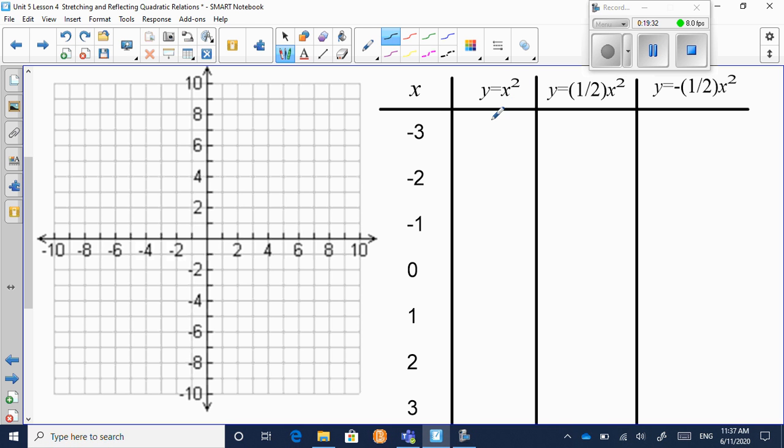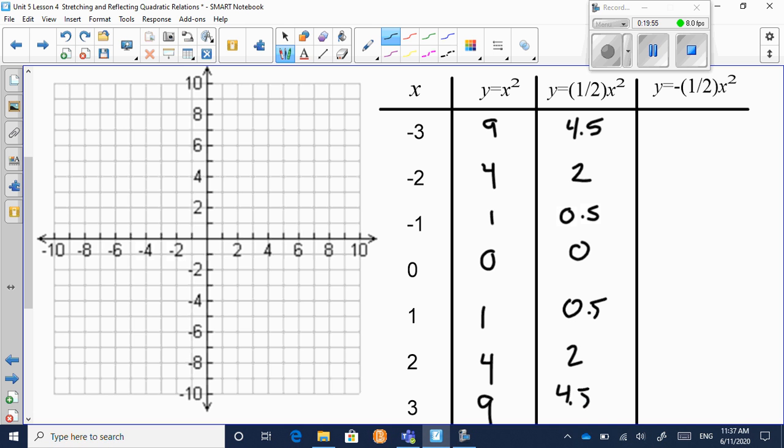So for the original bread and butter, our values are 9, 4, 1, 0, 1, 4, and 9. If we implement the a of 1/2, it changes this to 4.5, because we're doing 1/2 of those values: 0.5, 0, 0.5, 2, and 4.5.